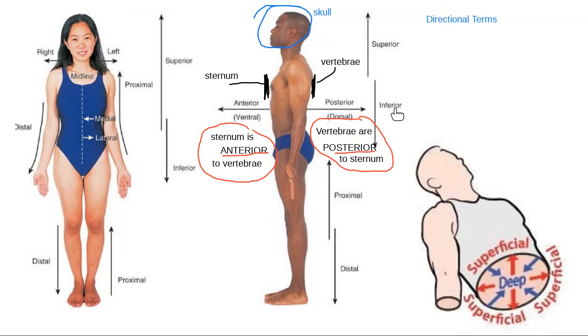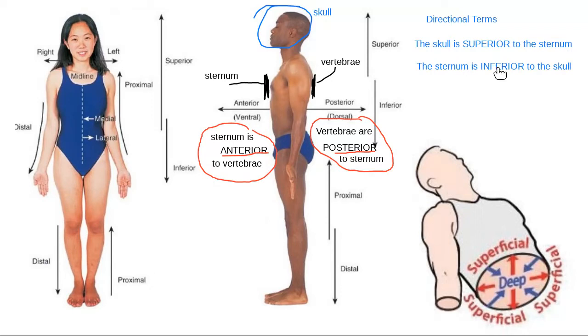My sentence is, the skull is blank to the sternum. Yeah, the skull is superior to the sternum. It's up above the sternum, which means if I flip it, I could say the sternum is inferior to the skull.